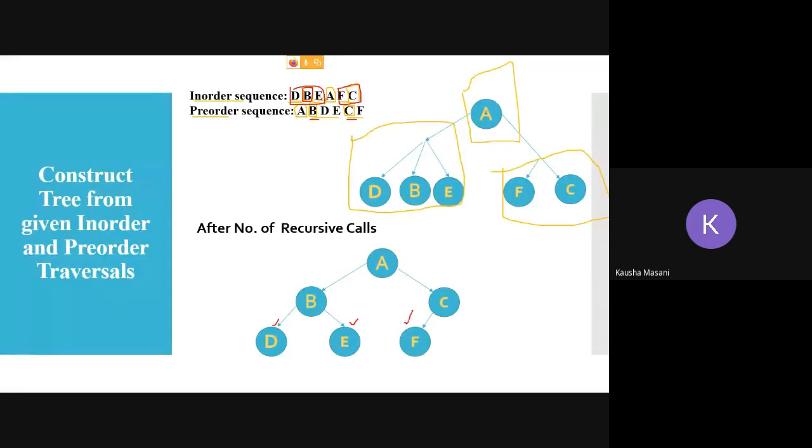So F is the left child of C. So you see your tree has been constructed. Clear with the steps, everybody? Any doubt here? Students, any doubt here?